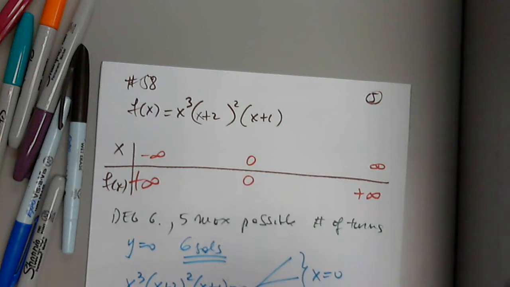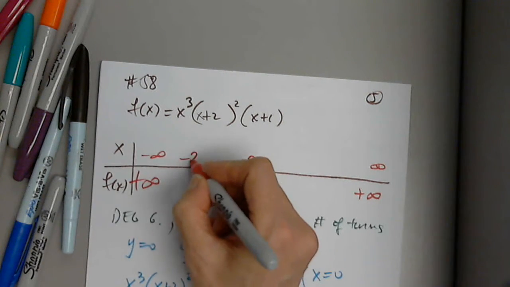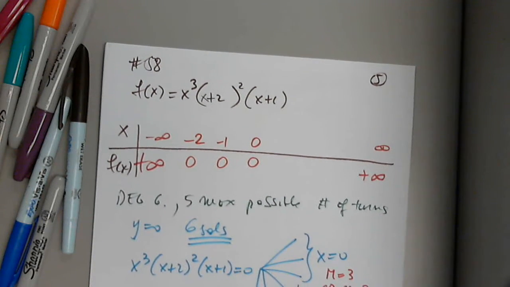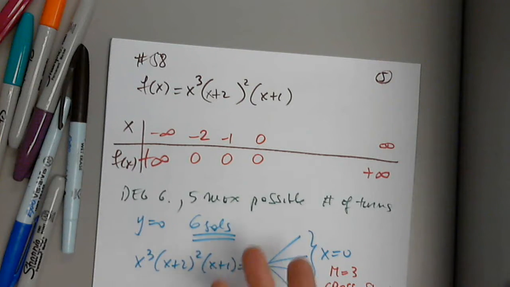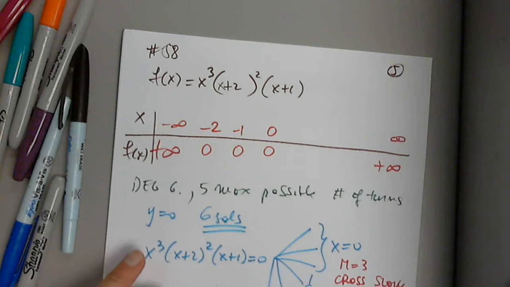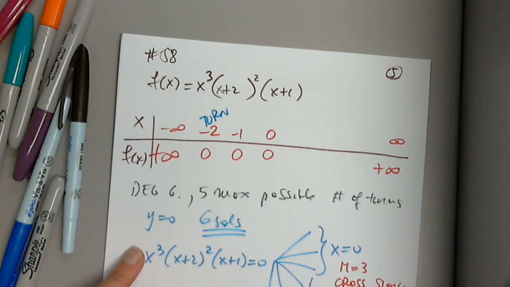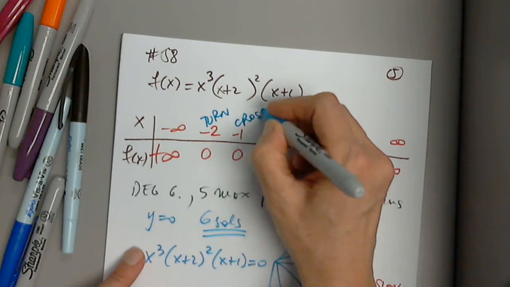At 0 is 0. At -2 is 0. At -1 is 0. There is no point in discussing the y-intercept because it's already in there. I write in the table exactly what is happening. -2 is a turn. -1 is a cross.